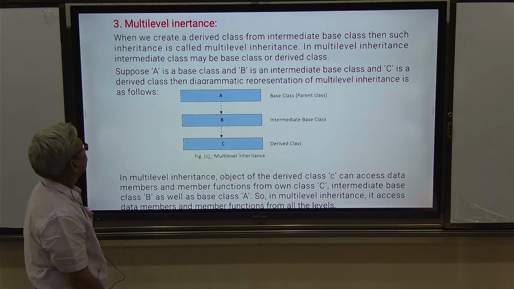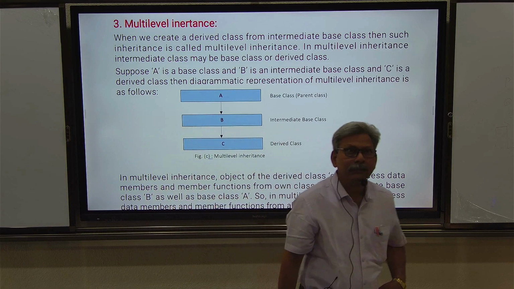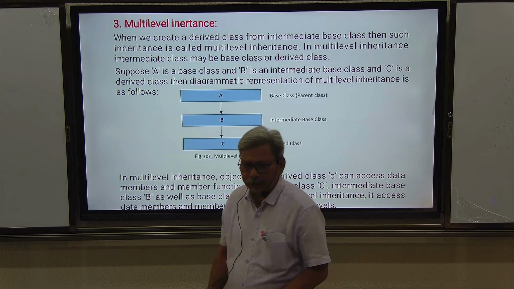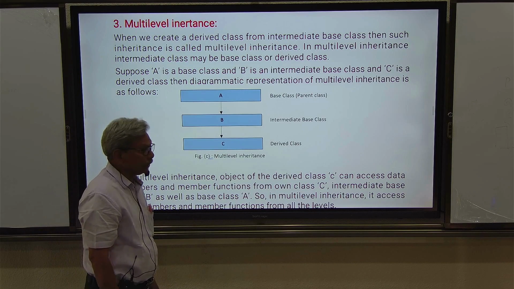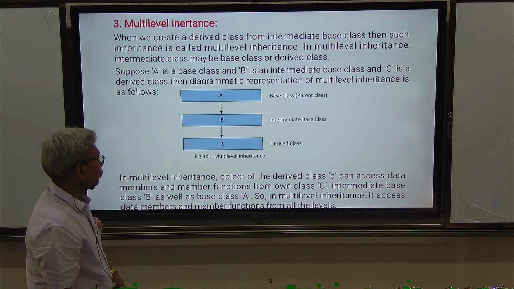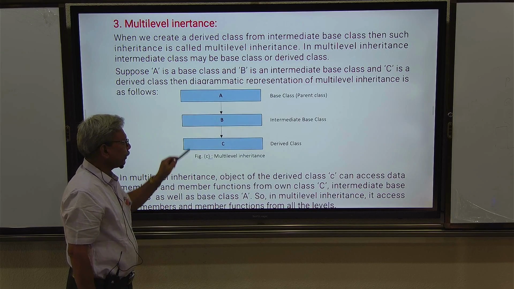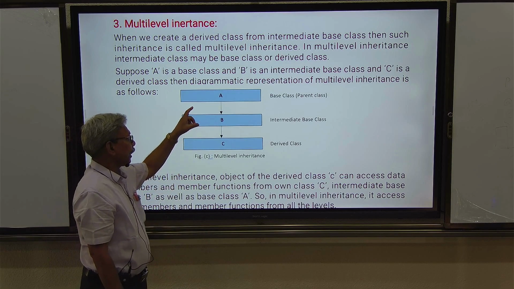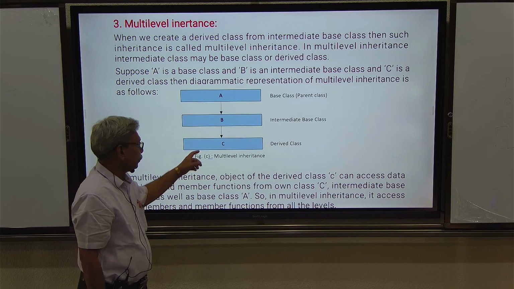Third one, multi-level inheritance. Multi-level inheritance is nothing but when we create a derived class from an intermediate base class. Consider one example. From the grandfather class, the parent class is created, and from the parent class, the child class is created.